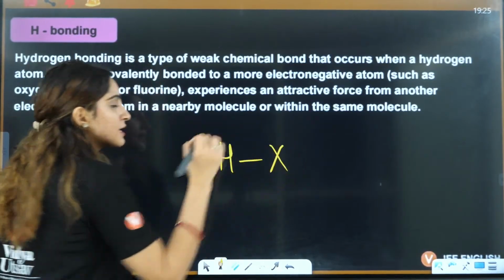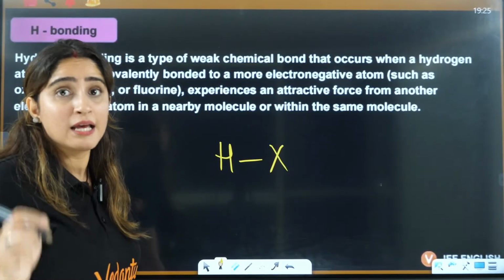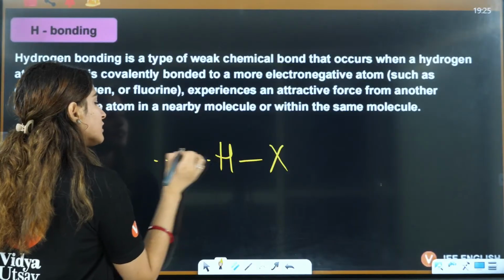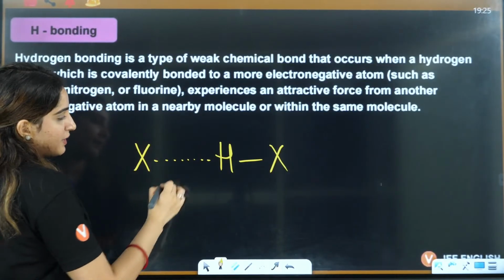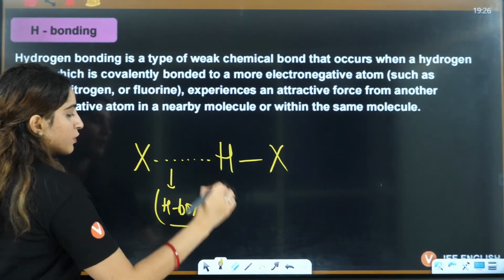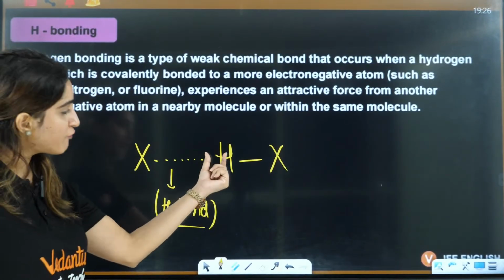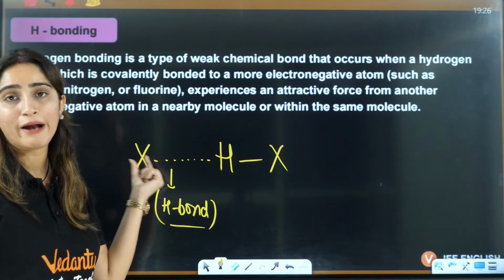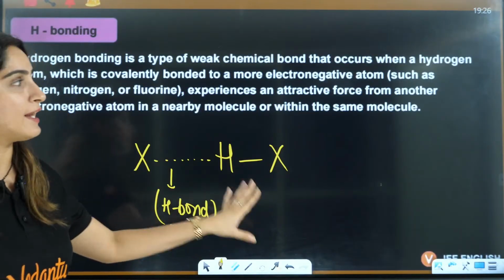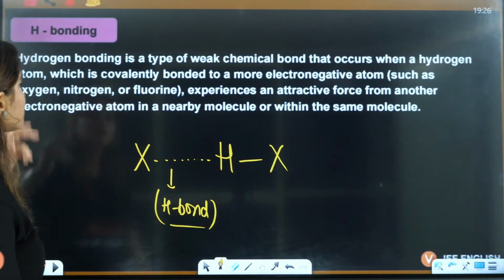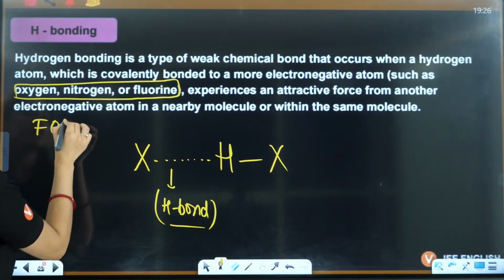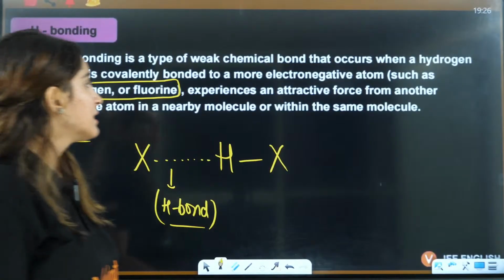If hydrogen is attached to an electronegative element and is in the space of another electronegative element, then this kind of bond is called a hydrogen bond. The condition is that hydrogen can show hydrogen bonding only if it is covalently bonded to an electronegative element, and those electronegative elements can be fluorine, oxygen and nitrogen, right?